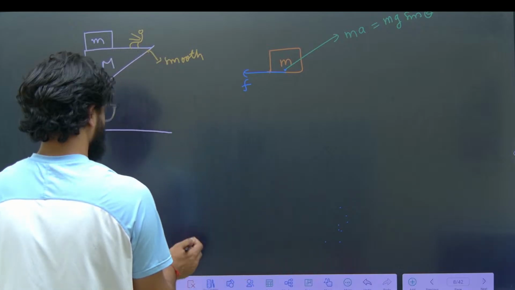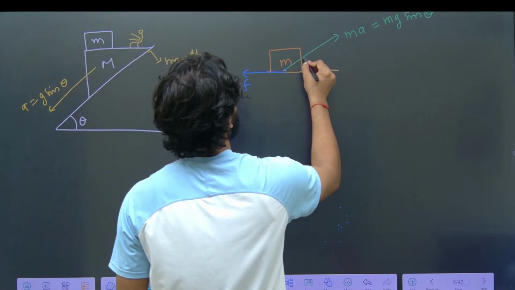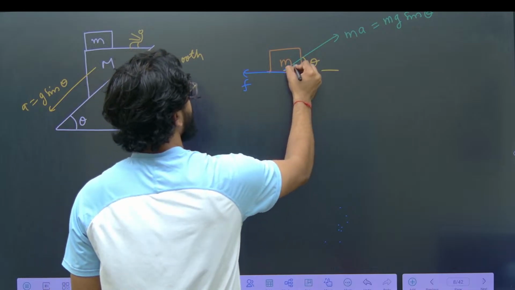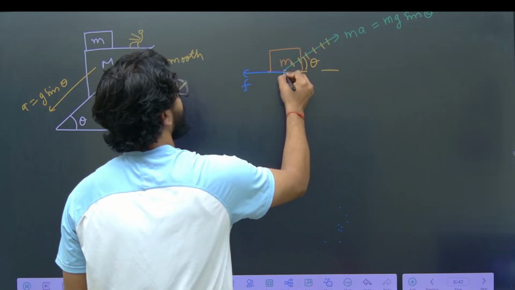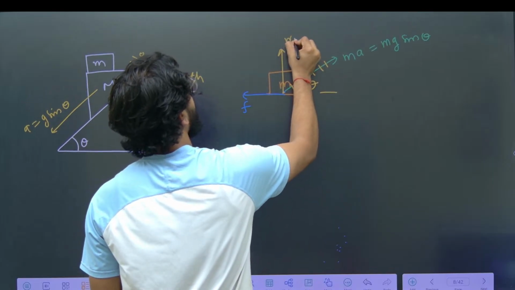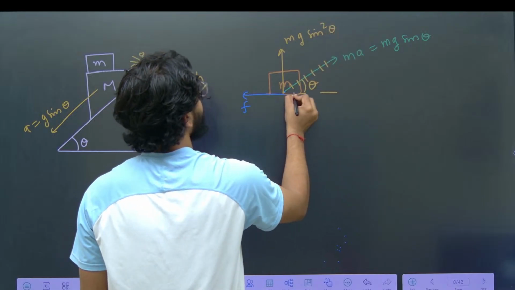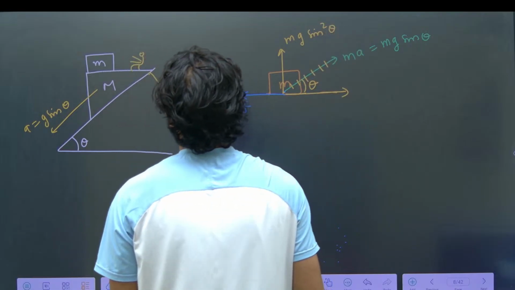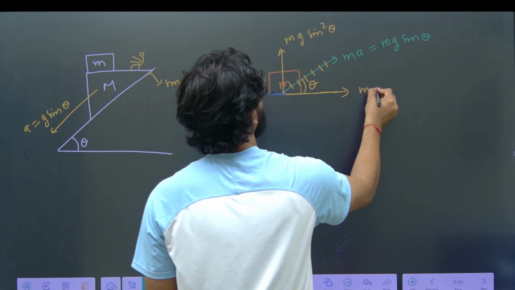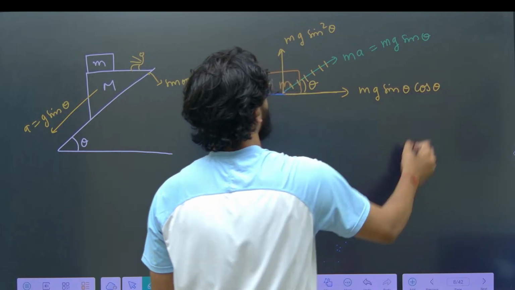So if we can take the component, if that is theta, we can clearly say this is also theta. Correct? So one component of it will be over here, mg sine theta squared, and over here it will be mg sine theta cos theta.